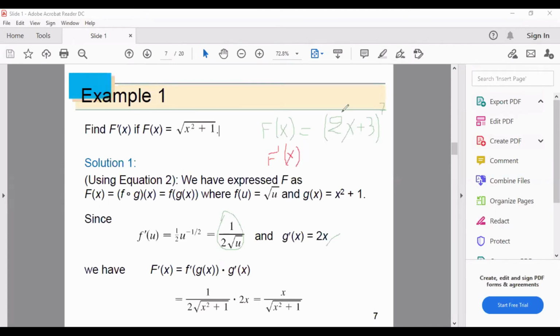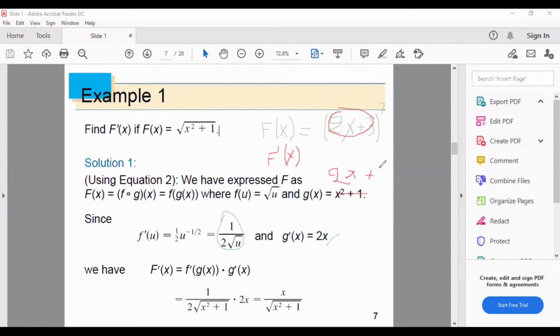The inside function is 2x plus 3, the one inside the parenthesis. What is the outside function? That means g of x is equal, instead of x squared plus 1, in this case, to 2x plus 3. What about f of x?